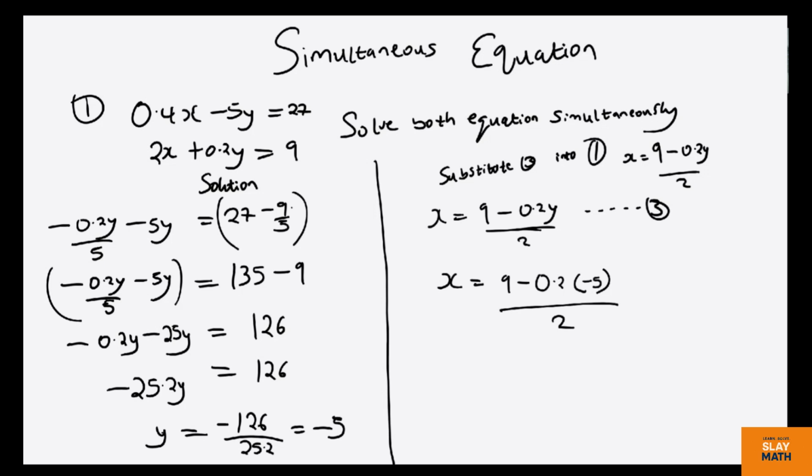Opening the brackets, we have 9 minus 0.2 times minus 5. Remember, don't forget the minus, if not, your answer is going to be wrong. Minus 0.2 times minus 5 is plus 1, so we have 10 over 2, which means x is equal to 5. So x is equal to 5 and y is equal to minus 5.